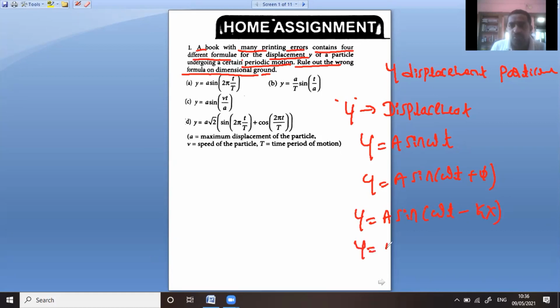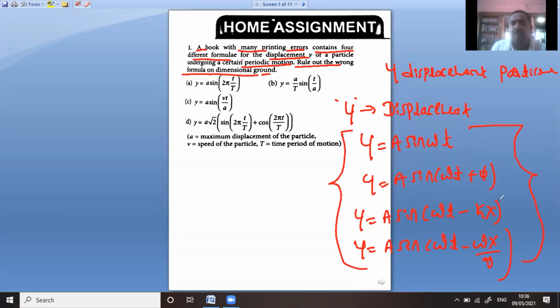So y is equal to a sine omega t minus omega x divided by nu. So these are the forms of the displacement of the particle.